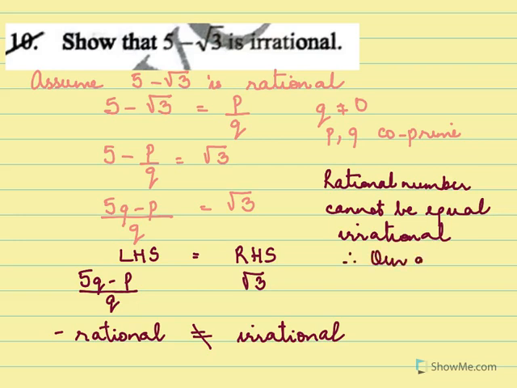Therefore, our assumption is wrong. What was our assumption? Our assumption was that 5 minus root 3 is rational. So 5 minus root 3 must be irrational.